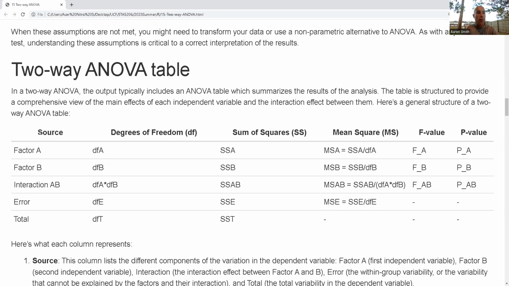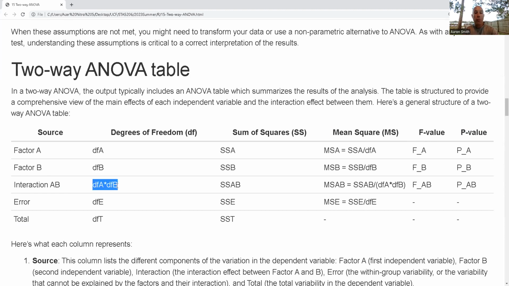So we're going to have columns of source of variation, degrees of freedom, sum of squares, mean squares, F value, and then P value. And then we have the main effects, source of variation. Here, we've got two main effects going on. I've got the interaction source of variation, the error, and the total variation. And so then we'll have degrees of freedom for each of these.